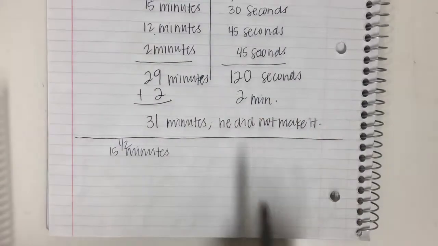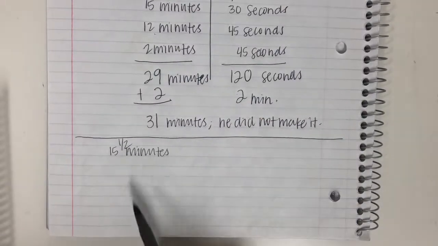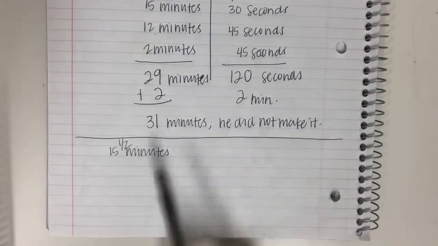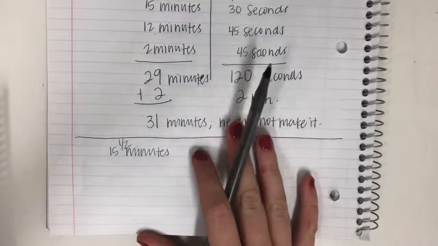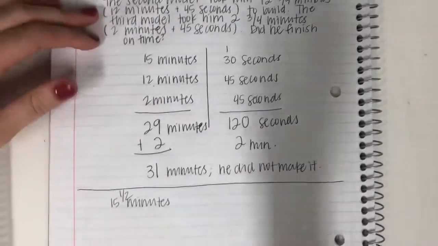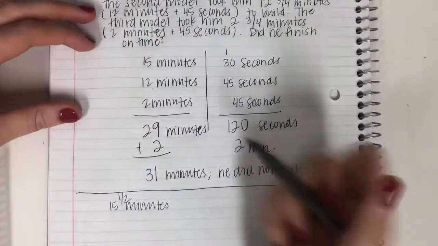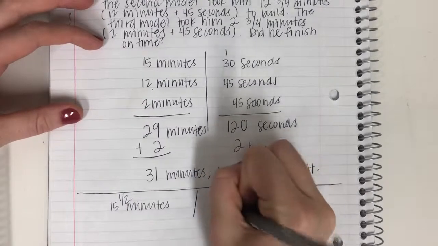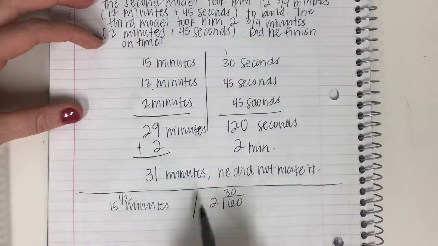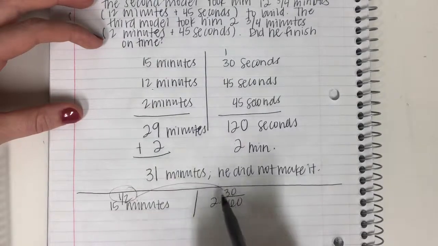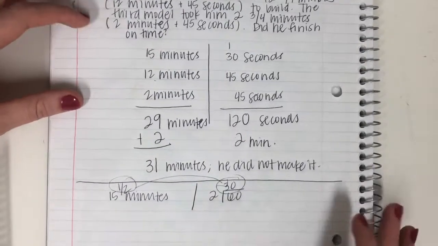I know that 15 minutes is 15 minutes. So what's half of a minute? Half of a minute is 30 seconds. So that's how I got from a half to 30 seconds, because 60 divided by 2 is 30.